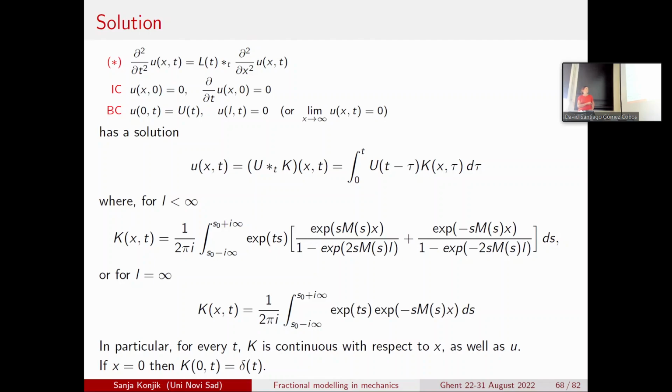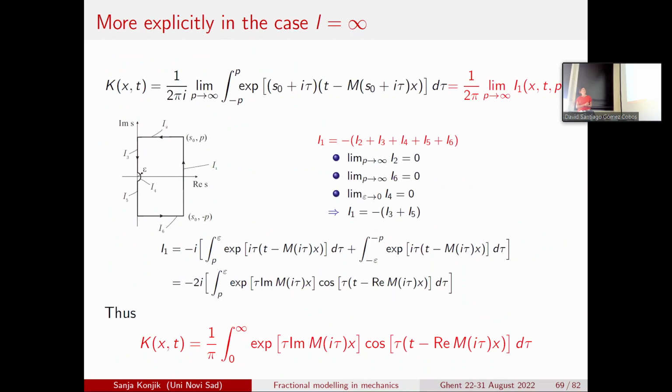This is, let's say, proof that our problem is solvable, that we have a solution. But from this result, we still don't have an explicit form of the solution, and that was possible to calculate only in the case of an unbounded domain.